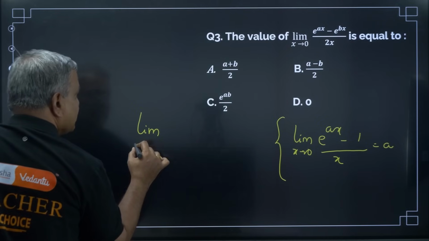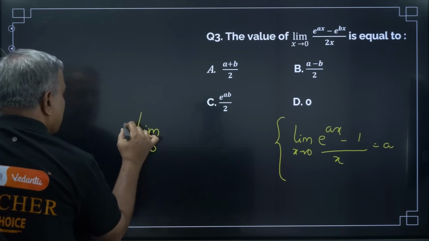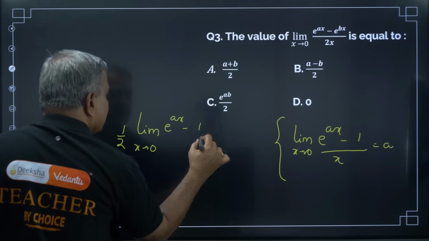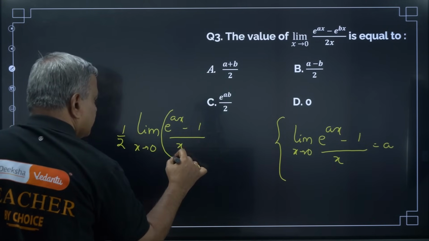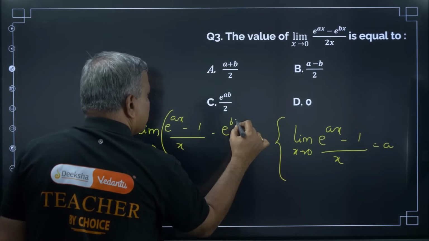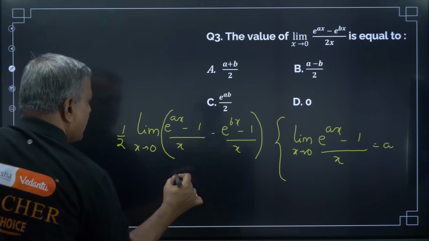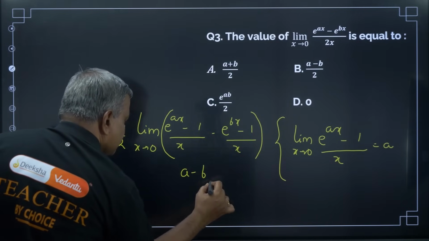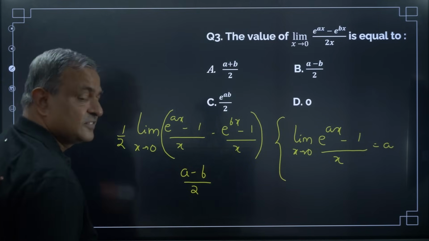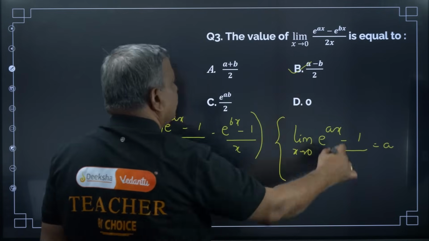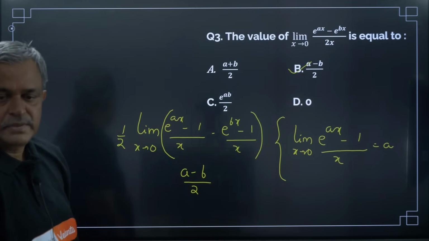The curly bracket is always a formula. 1 by 2 you take out: e to the power ax minus 1 by x, minus b times e to the power bx minus 1 by x. So what we get here now is a minus b by 2. Less than 20 seconds. The answer is a minus b by 2, option B. Correct?